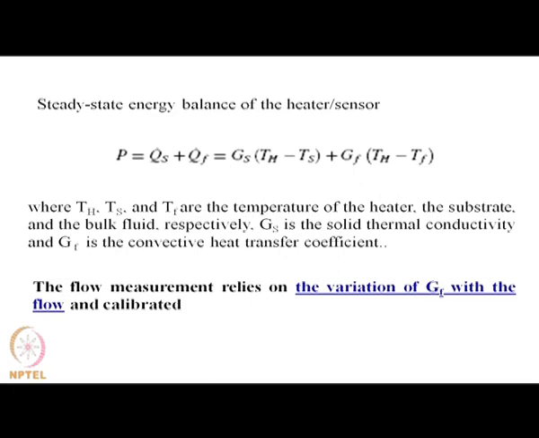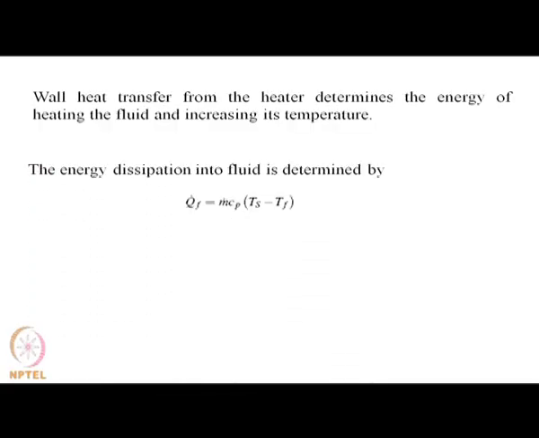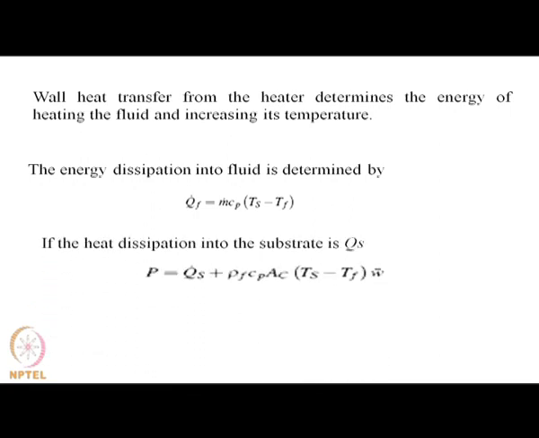So, we know from our calibration that for a given value of GF, what would be the corresponding velocity of the fluid. So, from that one can find out the velocity of the fluid. Now, wall heat transfer from the heater evaluates the energy of heating the fluid and increasing its temperature.